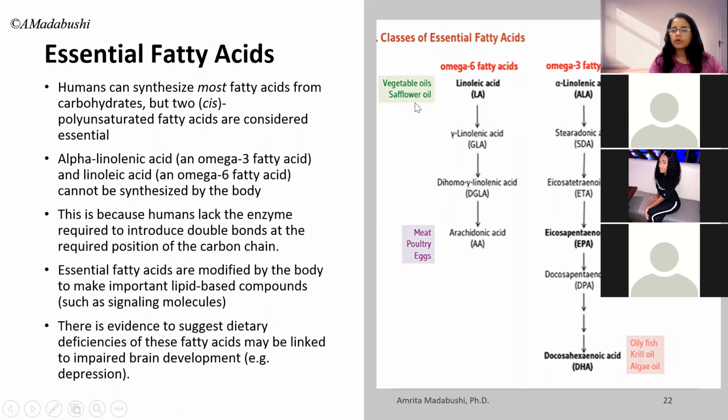So this is the vegetable oil and the safflower oil, the one that you probably are using for cooking. And then there are green leafy vegetables, chia seeds. That's why these days you hear so much about flax and chia seeds, walnuts, soybean oils. All of these are omega-3 fatty acids.